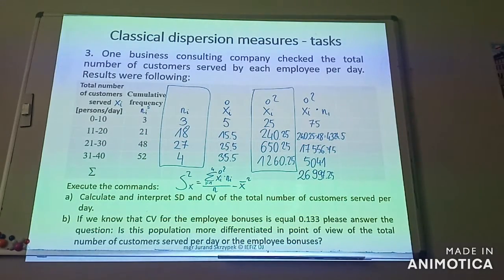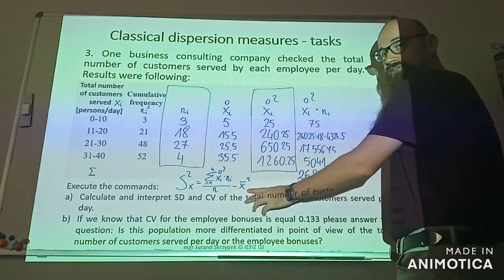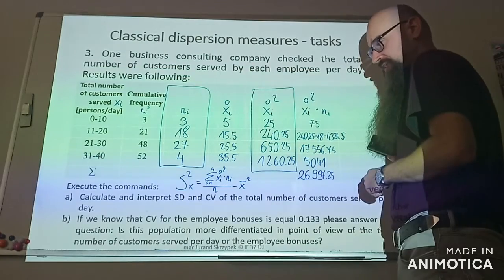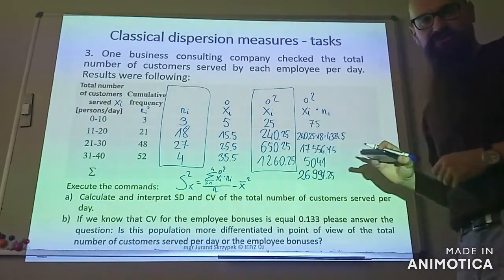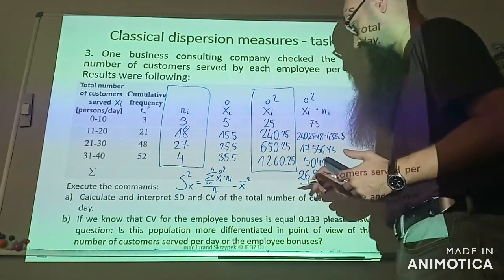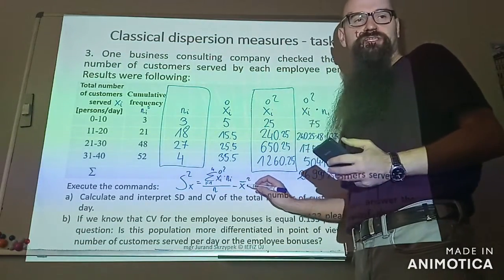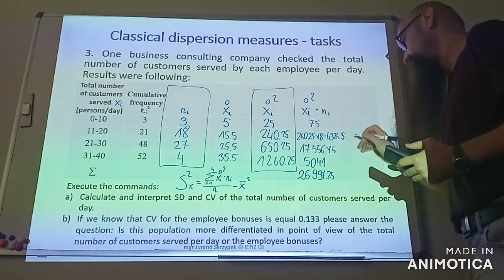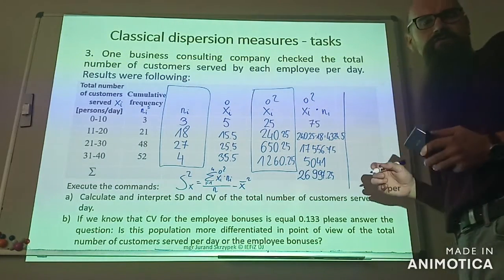Okay, but I have noticed that I don't have the arithmetic mean of total number of customers served, so I must compute it. Yeah, because I have only one partial result here. I don't have any information about the mean, so it's very easy to compute the arithmetic mean of total number of customers served.